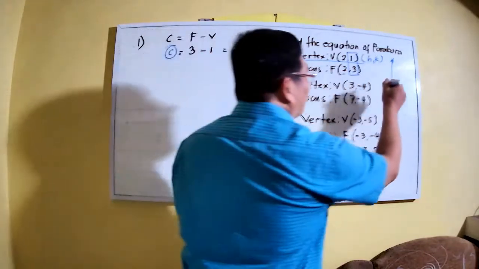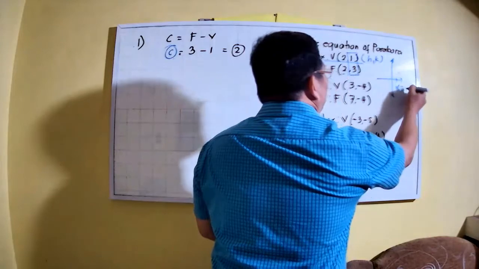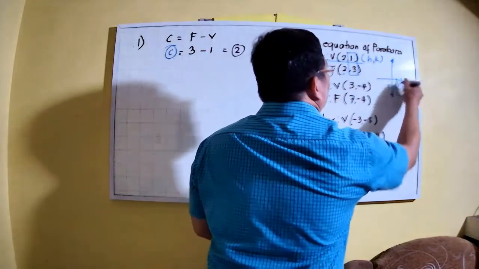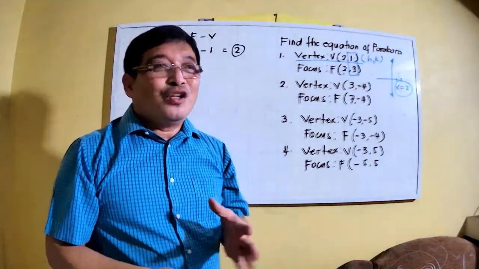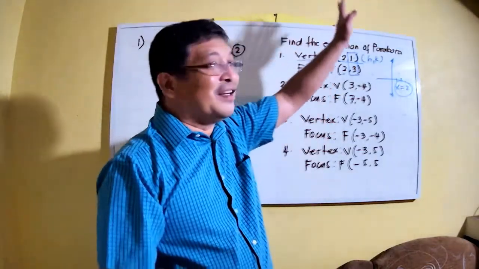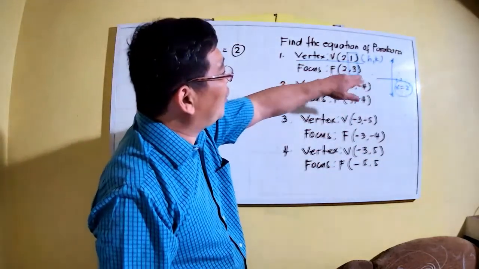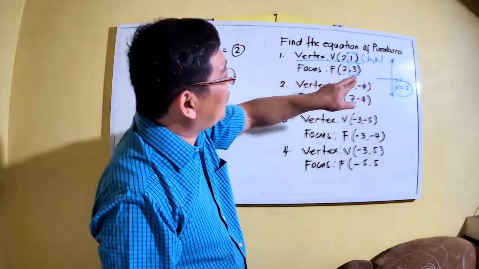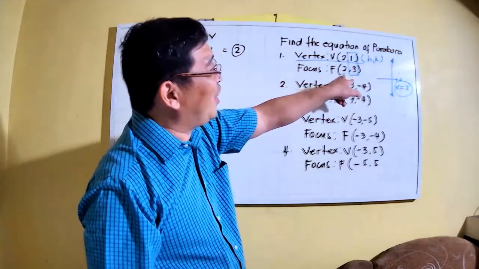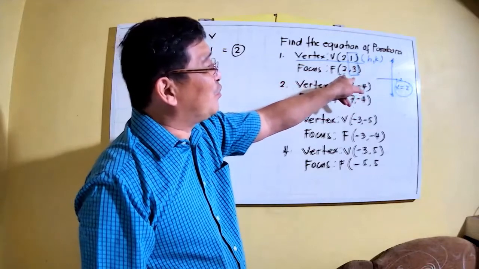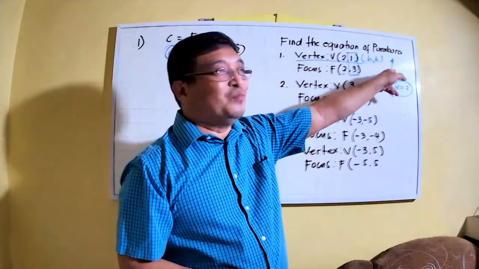We will have an axis of symmetry x is equals to 2. Because if we are going to have an equation x is equals to 2, we are going to have a vertical graph. So, in this given example, you will know that the graph of axis of symmetry is at x is equals to 2, wherein x is equals to 2 is indeed a vertical line graph.